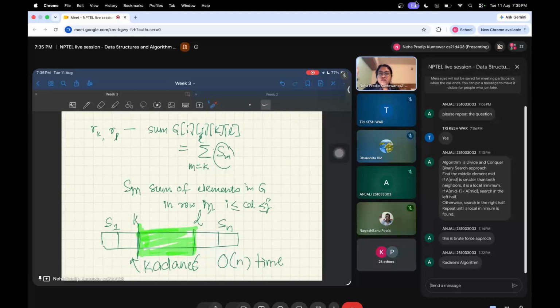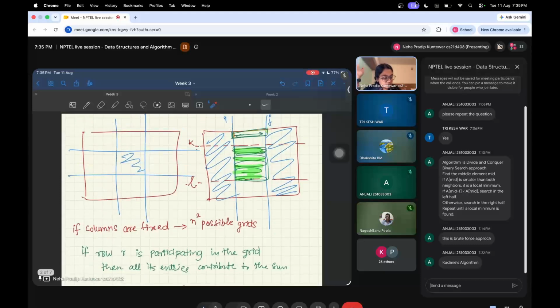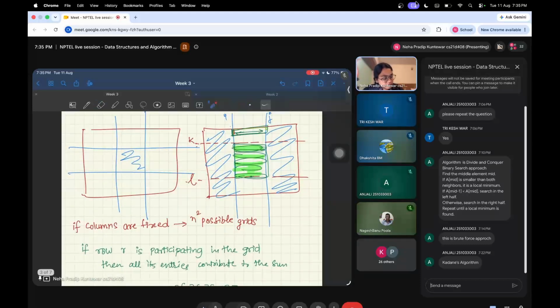Okay, actually you can do something better. Let's say that these are the columns that I was looking at, and I decide to increase my j to j plus 1. I just need to add one more entry to all of them. So this can be updated in order n time.